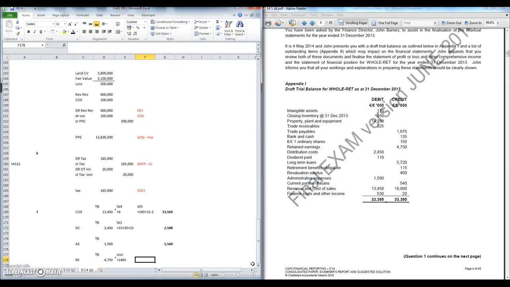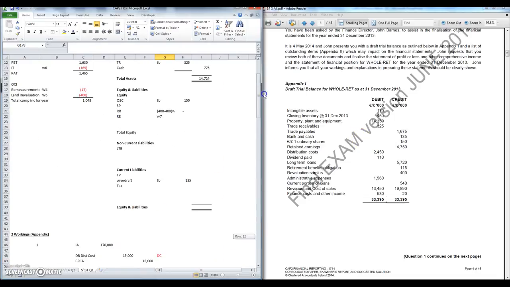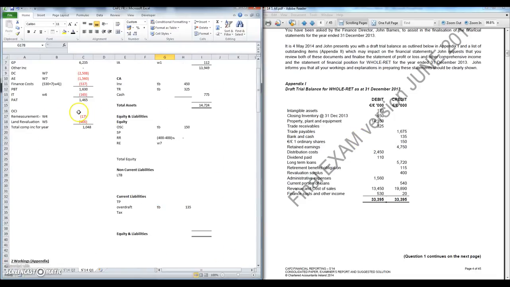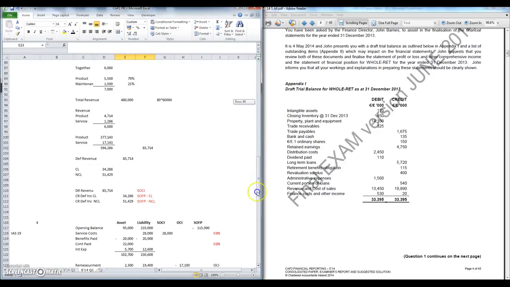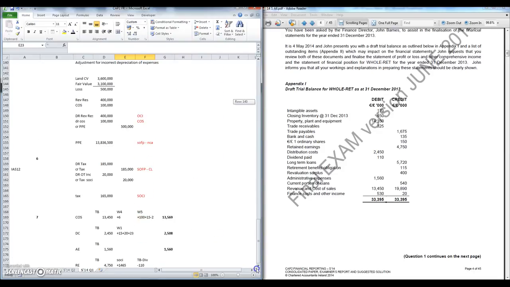Don't forget, any dividends also impact on it. So dividends you're told are 110. So that is minus 110. And I'd say TB dividends. And also, to be consistent with the solution, I'm also going to put in here the pension obligation of 17. That alternatively typically is shown separately as a separate line item in the OCI, in the other equity components. Apologies, but in this instance, just to be consistent with the solution, they've incorporated it into here.